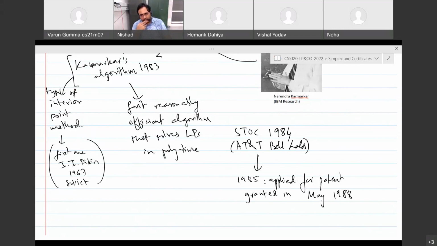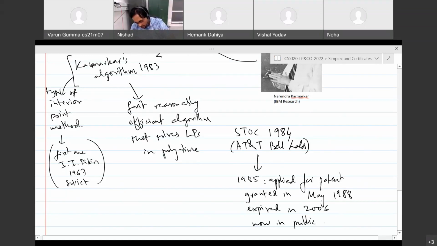And it seems that it also led to Karmarkar being somewhat isolated as a researcher, because his work was not publicly available. Anyways, I don't know too many details. Turns out that the patent expired in 2006, and now the work is in the public domain. Right?